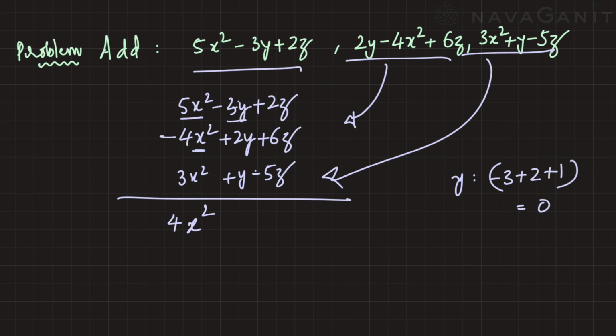So there will be no term of y because it is just 0y. And for z we have 2 plus 6 minus 5, that is plus 3z. So this is the final answer. The sum of these three polynomials would be 4x squared plus 3z.